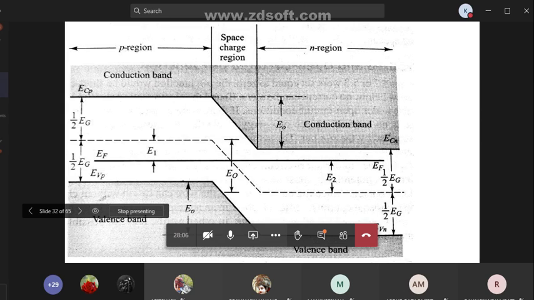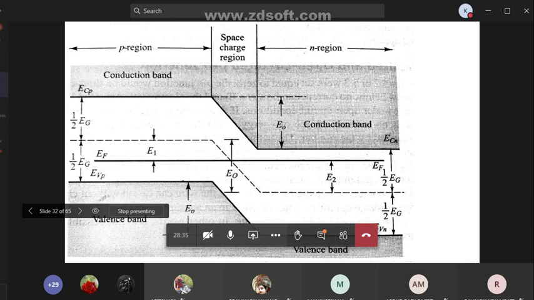Similarly, ECN minus EF equal to, we can write EG/2 minus E2. So ECN minus EF equal to EG/2 minus E2.